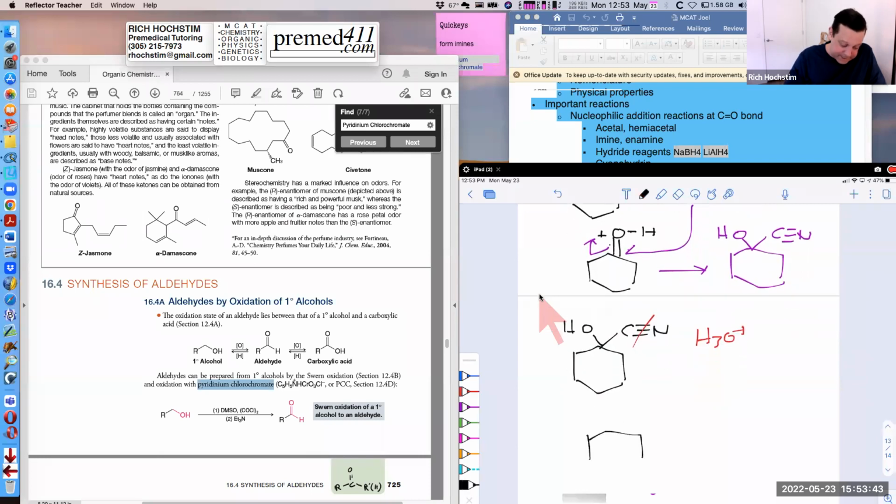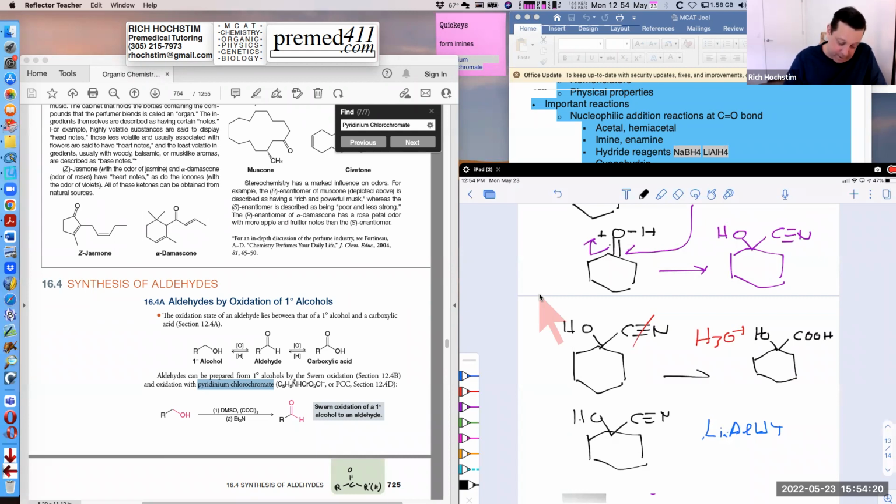And if you take this and you react this with a reducing agent like lithium aluminum hydride, you can do something equally interesting. Okay, so what this does, it's a hydrolysis of the nitrile, and it creates a carboxylic acid. So synthetically, it's pretty useful.